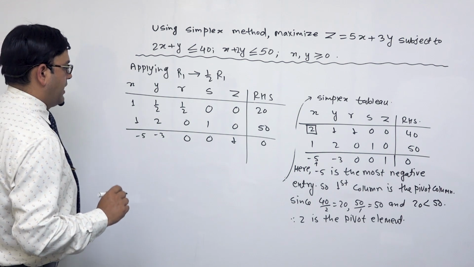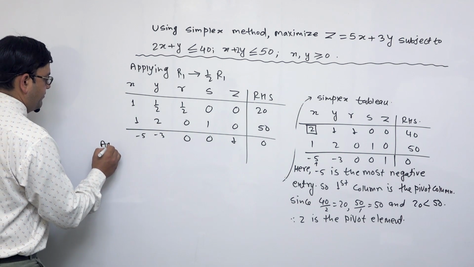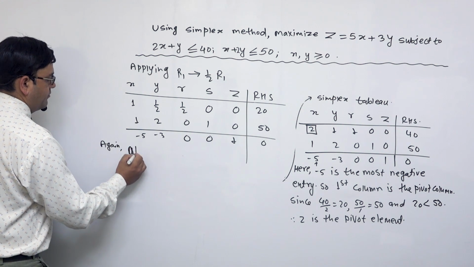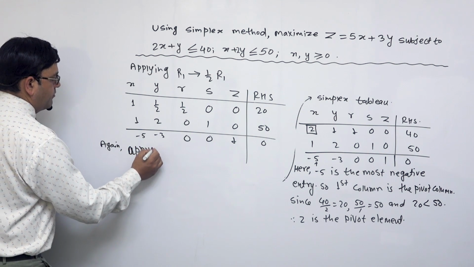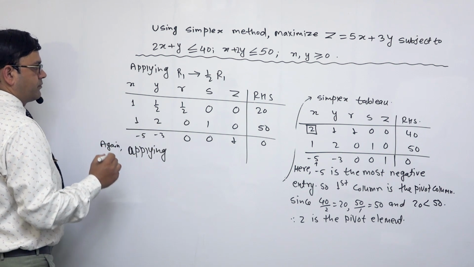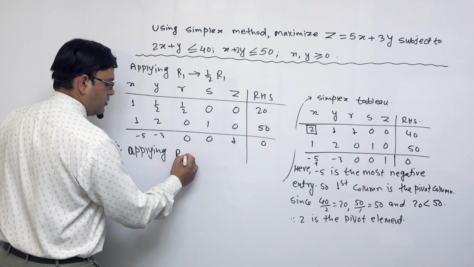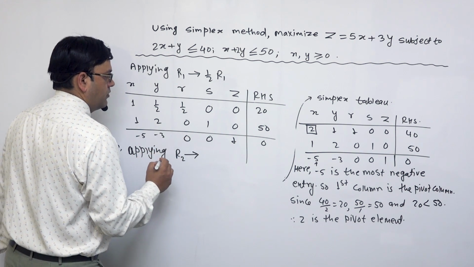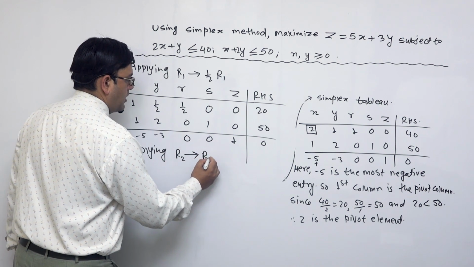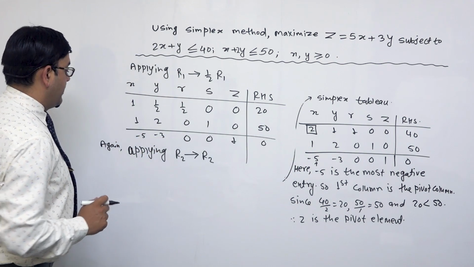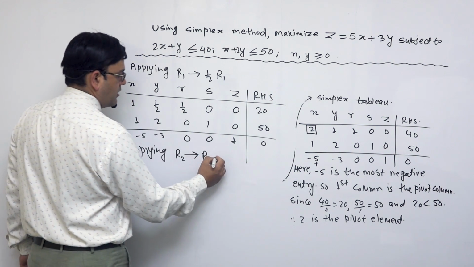Now again we have to apply R2 changes into R2 minus R1. Look, here we have 1, and to make 1 minus 1 we can do R2 minus R1.